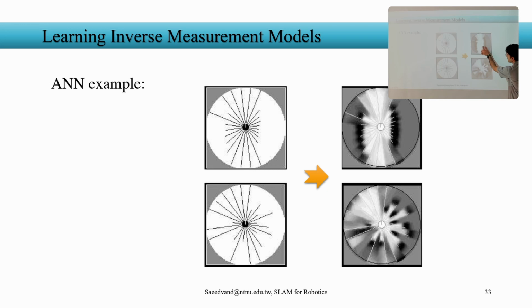So why is this thick? Because the error is too big here. Sometimes it's scanned like this, and then it becomes a thick wall over here. Otherwise, it should have been narrow. That shows the amount of error of training the neural network for the measurement model based on the laser scan. So, is it clear? Question?